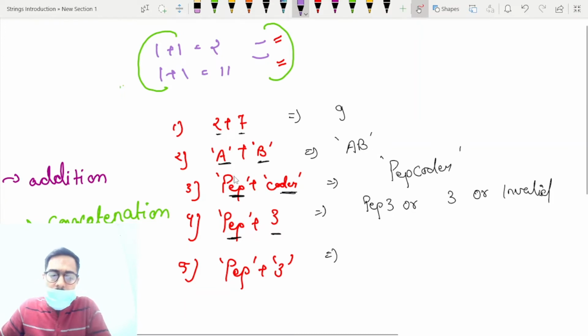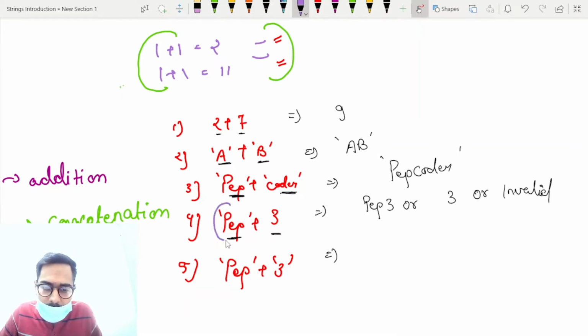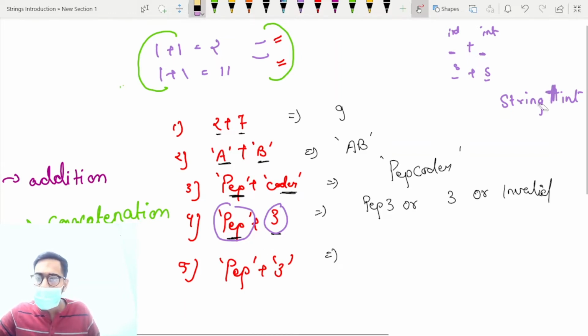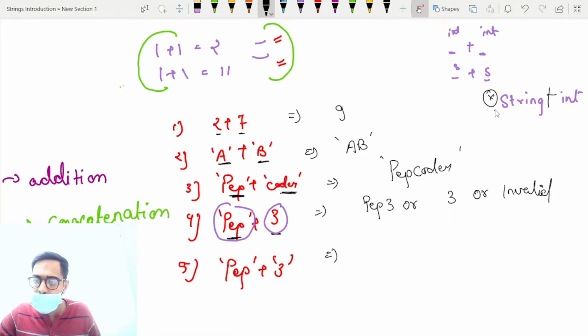Now, understand this point very clearly. This is a string and this is an integer. Internally, the plus operator works for int and int, and for string and string. But for string and int, you cannot apply the plus operator between them. This is invalid syntax.